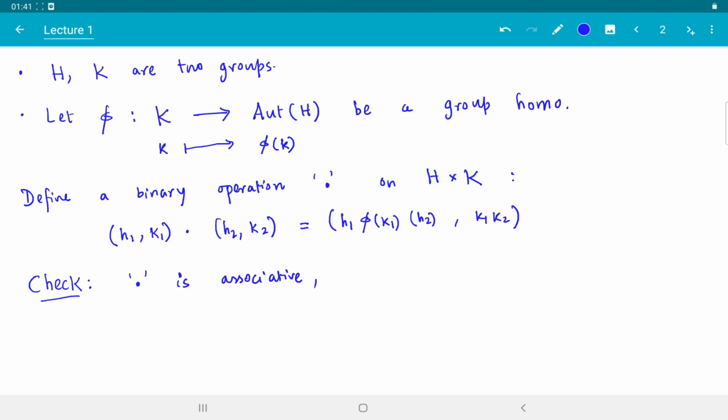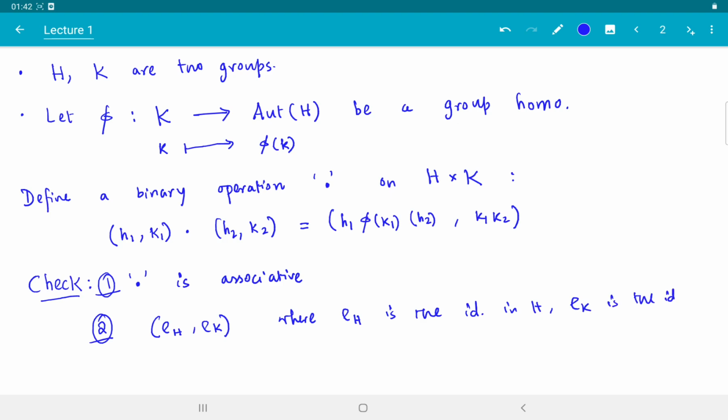Number one, it is an associative operation, and number two, that (eH, eK), where eH is the identity in H and eK is the identity in K, is the identity in H cross K. You can check that easily.